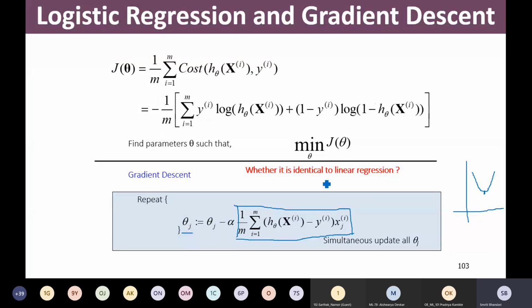So is logistic regression identical to linear regression? Any thought? We have got the gradient descent expression exactly the same as that of linear regression. Even though our cost function is different, we have got the same partial derivative here. So can we think that both linear regression and logistic regression are the same?